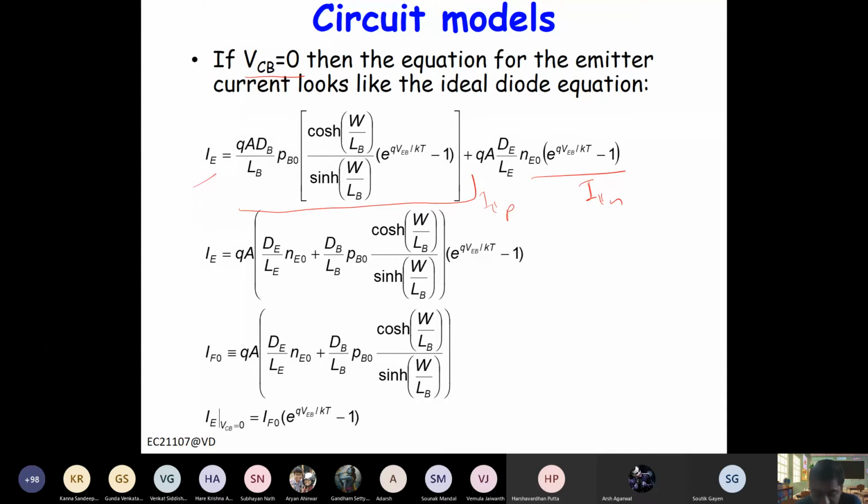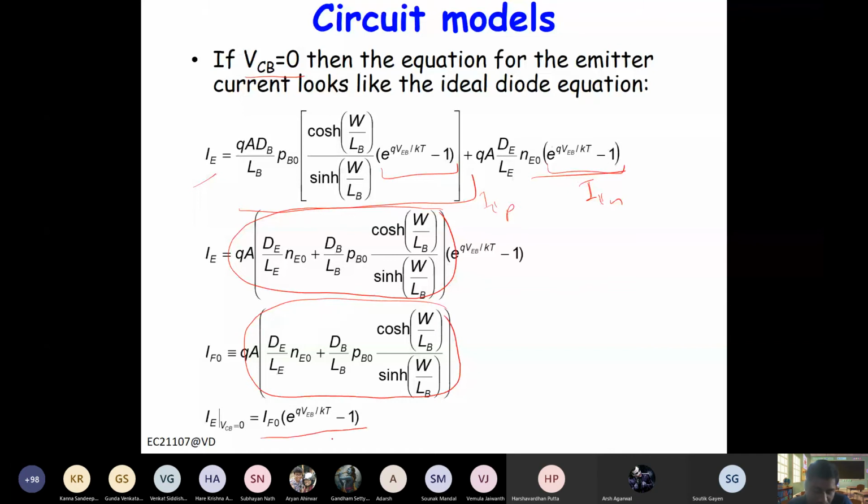And if you want to express this IE as some IF naught exponential QV by KT, so if you take this exponential QV by KT out, then what you have is basically a coefficient here, right? And that is called the saturation current in forward bias, right?